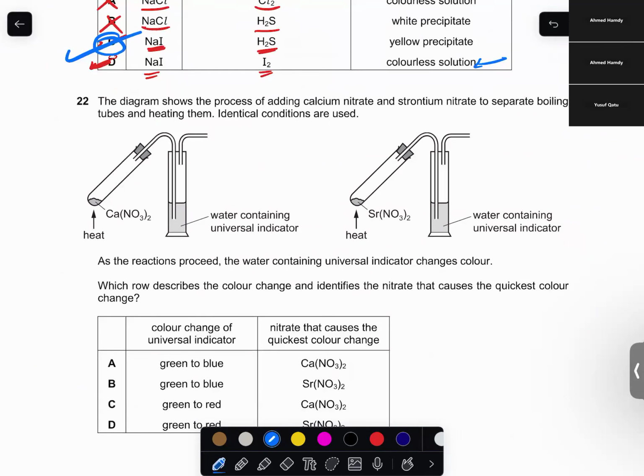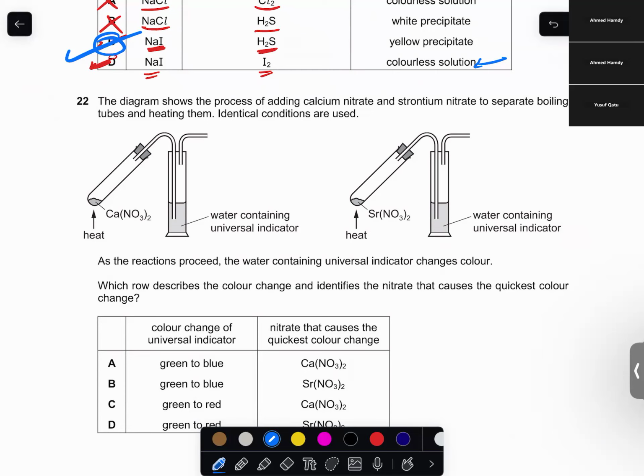Okay? The diagram shows the process of adding calcium nitrate and strontium nitrate to separate boiling tubes and heating them in identical conditions. Calcium nitrate, water containing universal indicator.